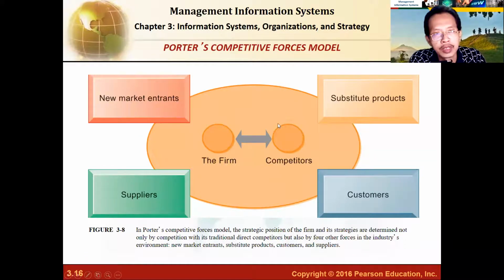But now we see that there are companies that offer similar services like GoCar, for instance, or GrabCar, the new market entrants. The company also has to compete against this. And because they have a new business model, they are more intimate with their customers, the firm might lose the competition against this. So the company needs to change as well.